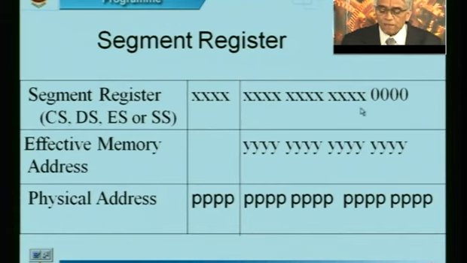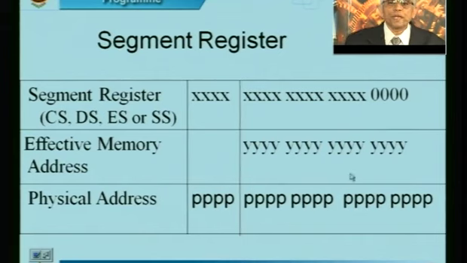Each group of 4 bits is another digit, so these represent a total of 16 bits, with the least significant 4 bits being 0.